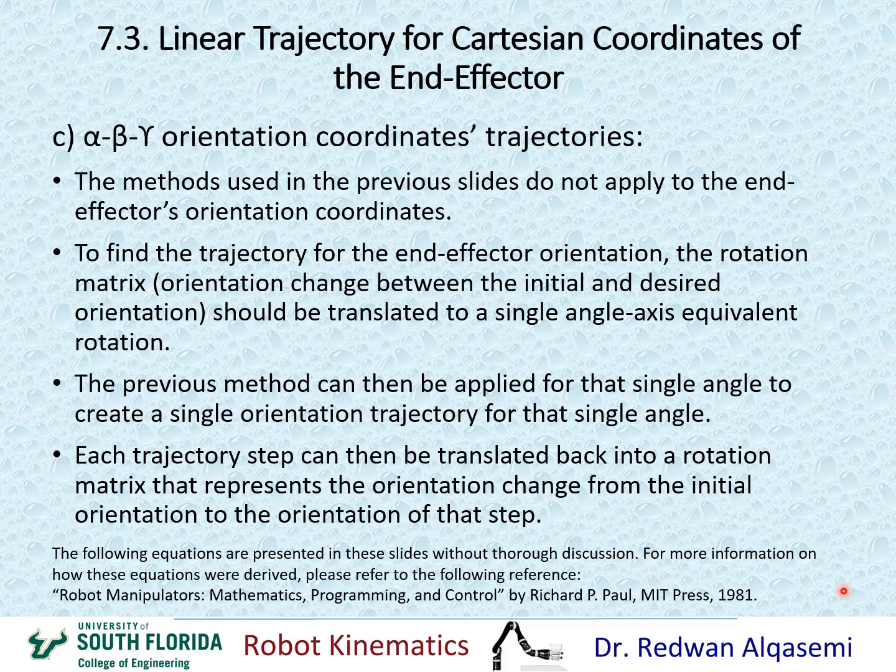Now, for this method, I'm just going to go straight through the equations on the following slides without discussing how they came about. But if you need more information about how these equations are generated or derived, you can refer to this reference here, Robot Manipulators, Mathematics, Programming and Control by Richard Paul, from the MIT Press in 1981.